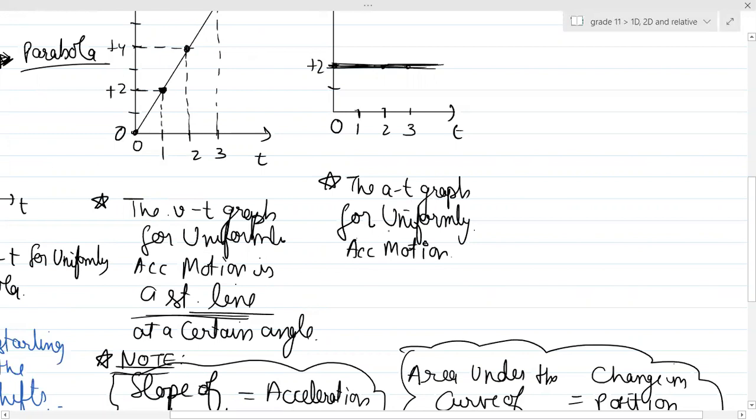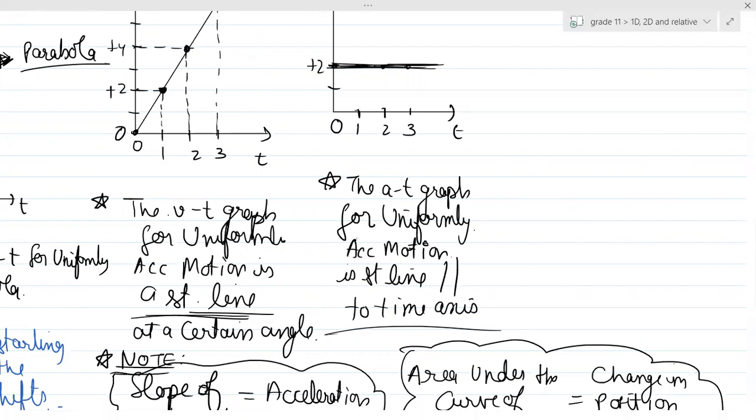So the AT graph for uniformly accelerated motion is again a straight line, but can you see, parallel to the time axis? Is this clear, guys? Are all three graphs for the first type of motion clear to you? Yes, sir. Okay.